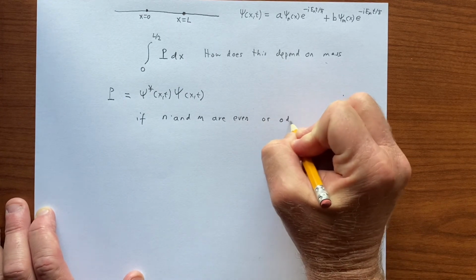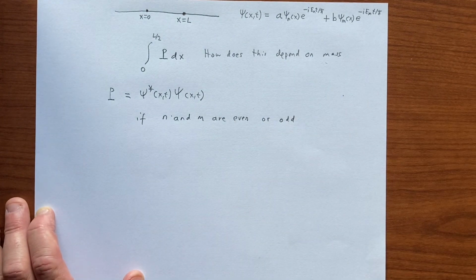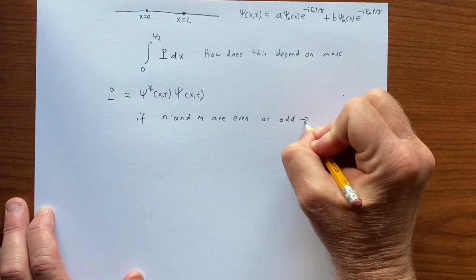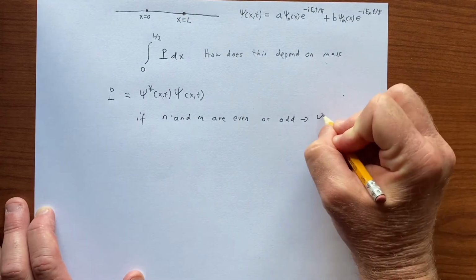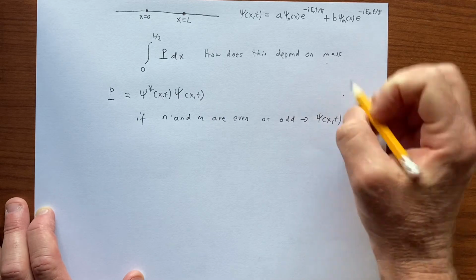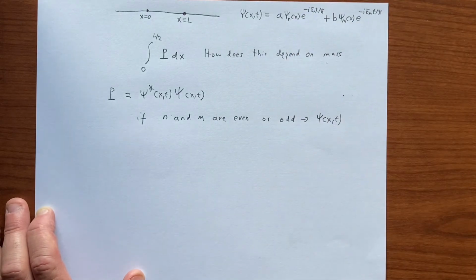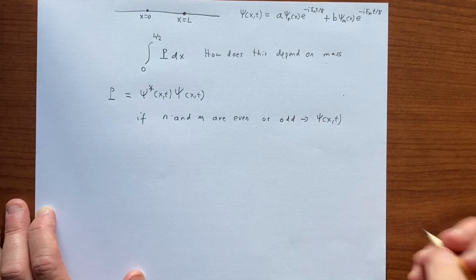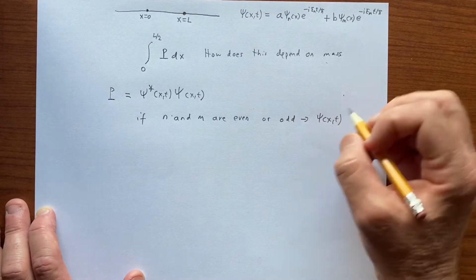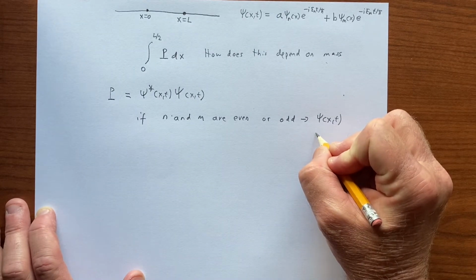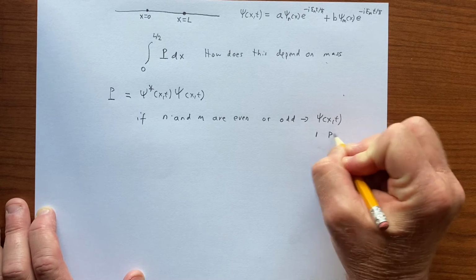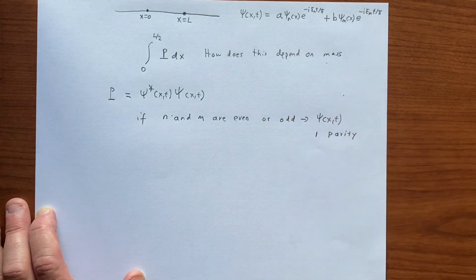or odd, so they have the same parity, then this function here is built out of functions with one parity. It's either even or odd parity.